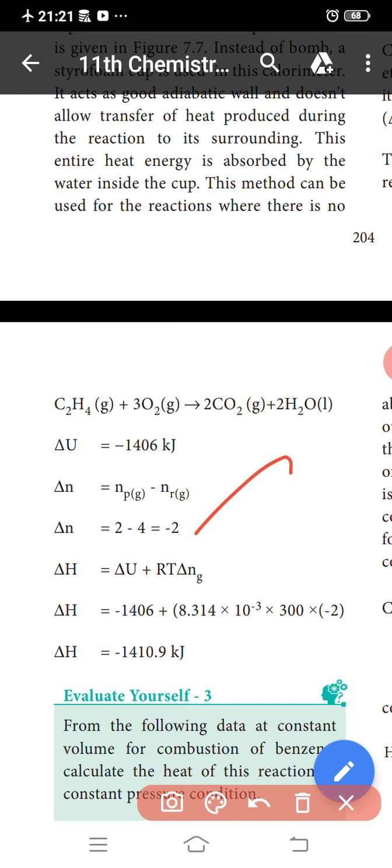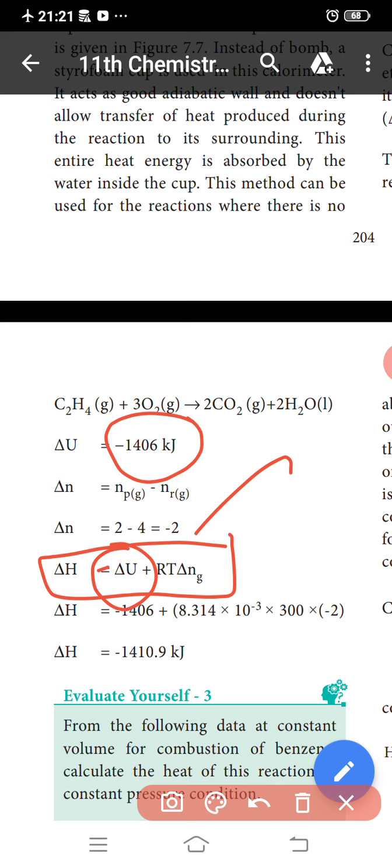So del H is equal to del U plus RT del N_g. This is the enthalpy change formula for ideal gases. Substituting the values, del H is equal to minus 1406 plus R, the constant value 8.314 into 10 to the power of minus 3, and T, temperature 300 Kelvin, into minus 2, the del N_g value. On calculation, the del H value is minus 1410.9 kilojoule.